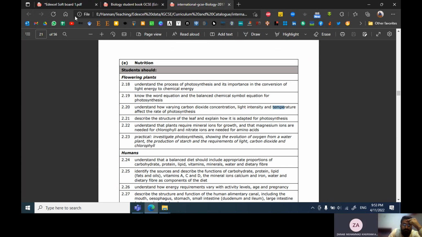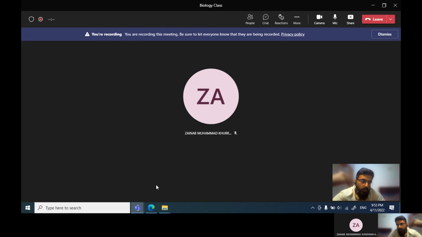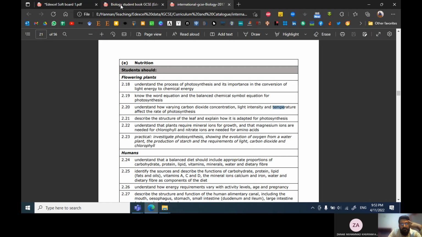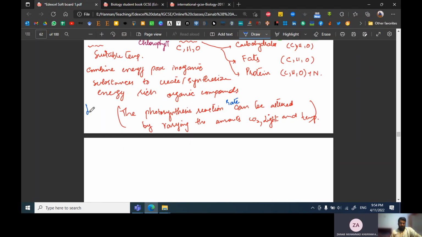Factors affecting the rate of photosynthesis. Okay, let me ask it generally: what do we call those factors which can increase or decrease the rate of any reaction? Abiotic factors.